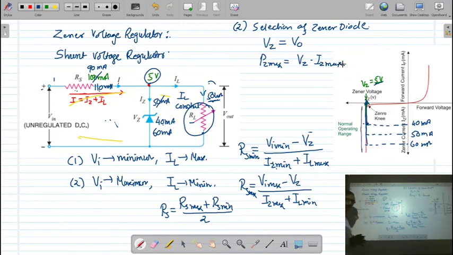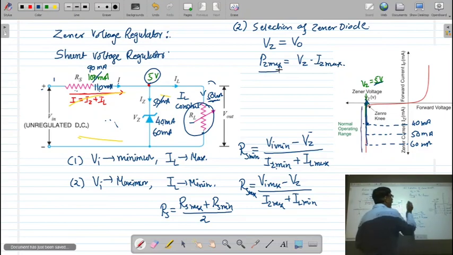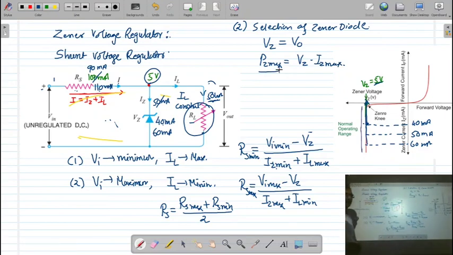Your calculation, your design is correct, but you have not selected a Zener of proper power dissipation, and then your Zener diode will be damaged immediately. Therefore you have to calculate the required power dissipation in the Zener, and accordingly select that Zener diode.